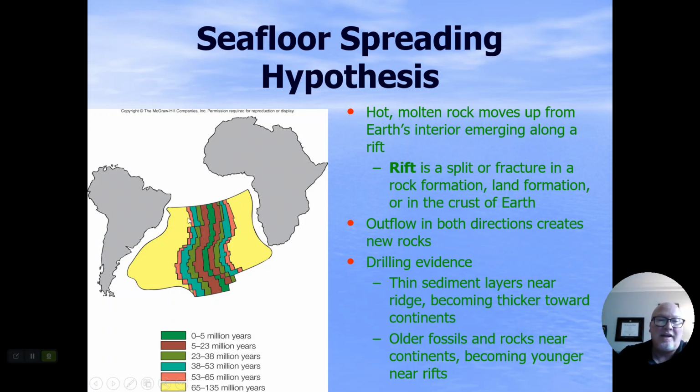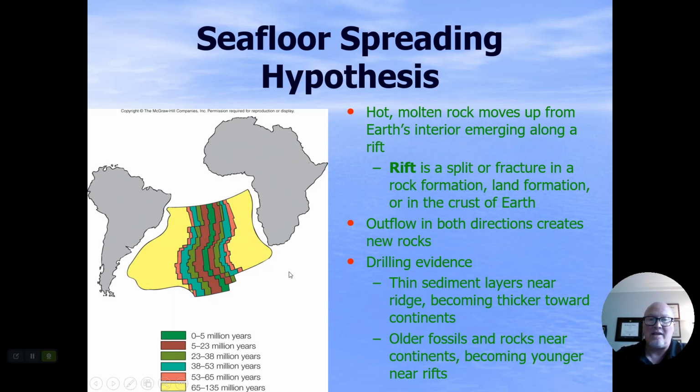The area here in the middle is much younger rock, 0 to 5 million years, and the closer we get towards the continents, the rock is much older. When we drill in these areas, we do get evidence that the rock is getting older as we get towards the continent, and much younger in the middle here as the rift fills up and moves outward.